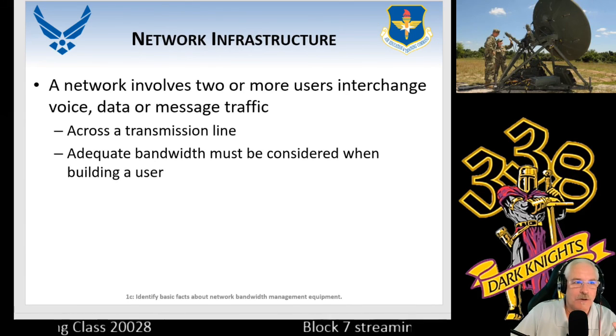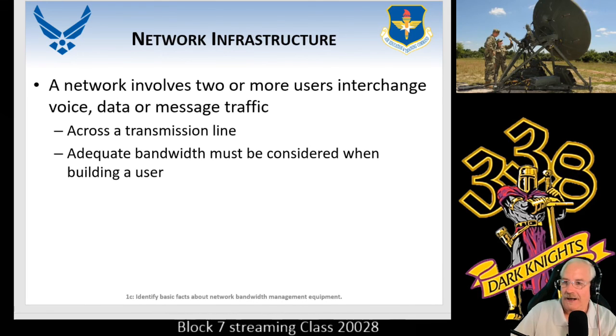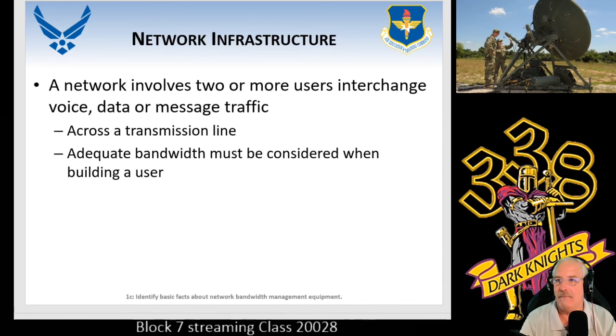The next thing we look at is network infrastructure. We already talked about having 2 or more users with multiplexing. Well, this one's going to involve 2 or more exchanges, and the users that are in there could be massive.